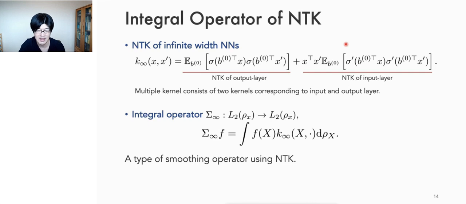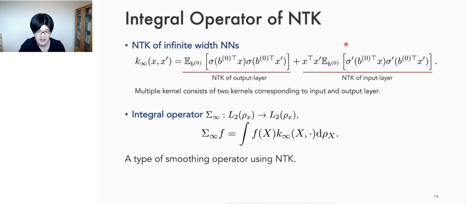So this indicates the multiple kernel learning aspects of learning two-layer neural networks. Next, we define the integral operator Sigma infinity on L2 space weighted by the marginal distribution on X. The definition is here. So this operator can be considered a limit of the gram matrix of NTK with respect to the number of examples, as appeared in previous NTK theory on empirical risk minimization problems.